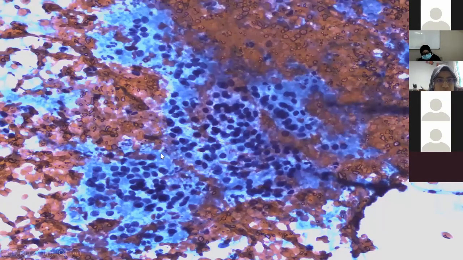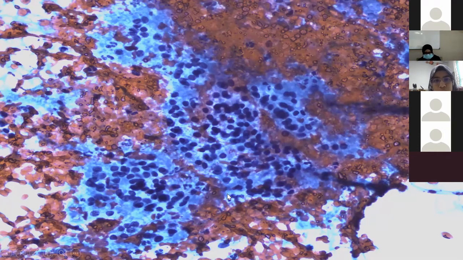In close-up view, under higher power at that region, we can see that the cells show nuclear enlargement with a bit open chromatin pattern, but very subtle grooving.